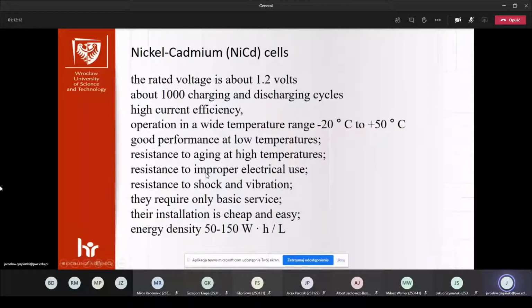Okay. So what are the properties of such an accumulator? We can say it's not a battery, it is an accumulator because we can charge it. The voltage between nickel and cadmium plates is more or less 1.2 volts.